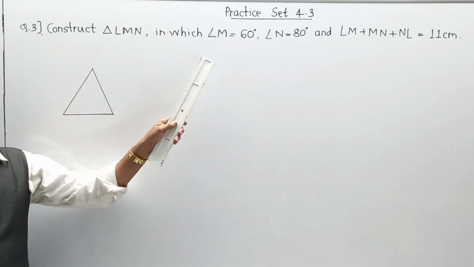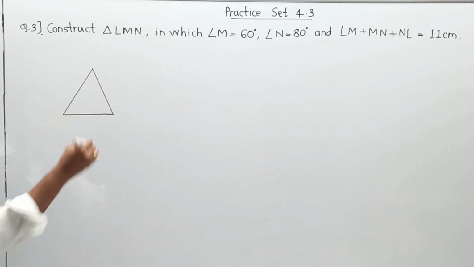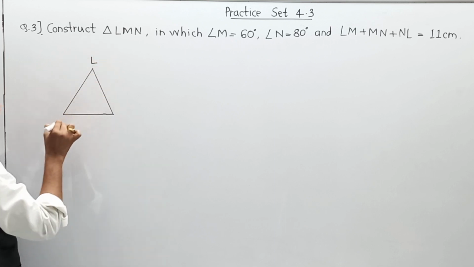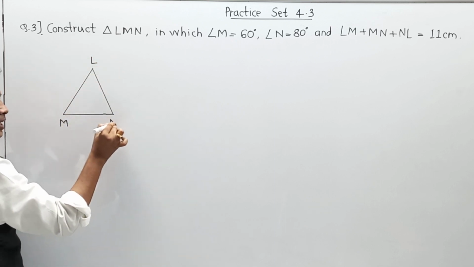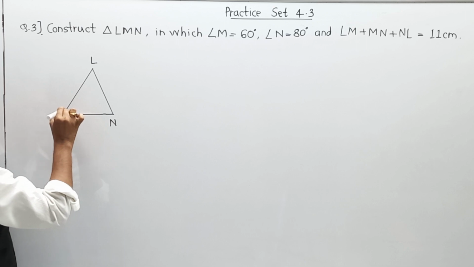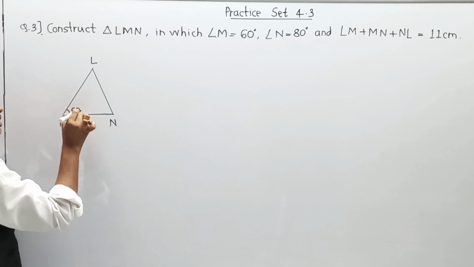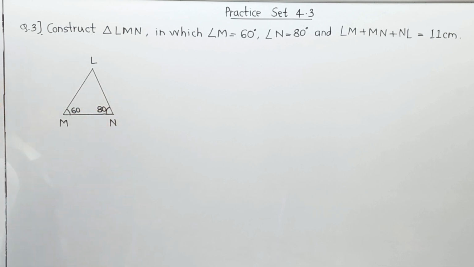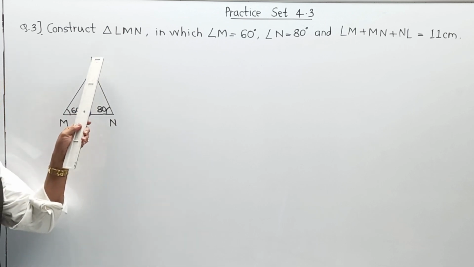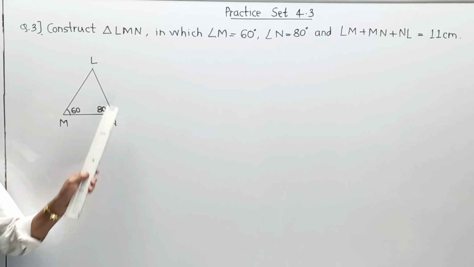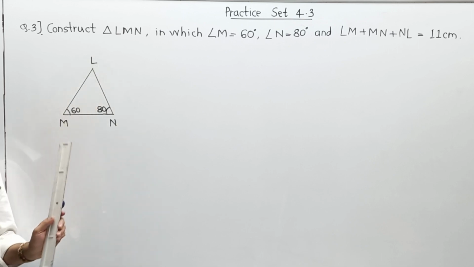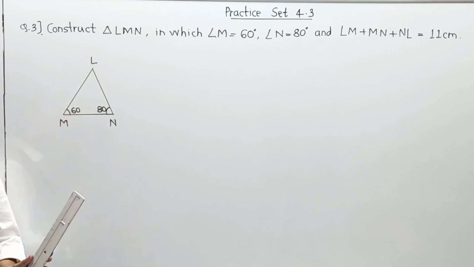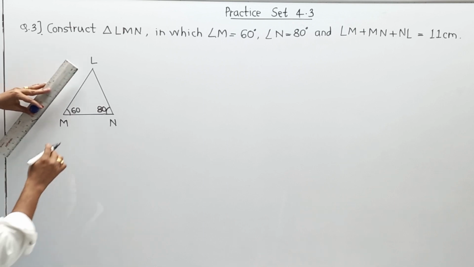In such a case of a triangle, as per the condition, we are going to take L, M and N. Now one by one, angle M is 60 degrees. Angle N is 80 degrees. And the sum of the three sides, LM plus MN plus LN, is 11 centimeters. Naturally, we are going to do the same thing as we did previously.